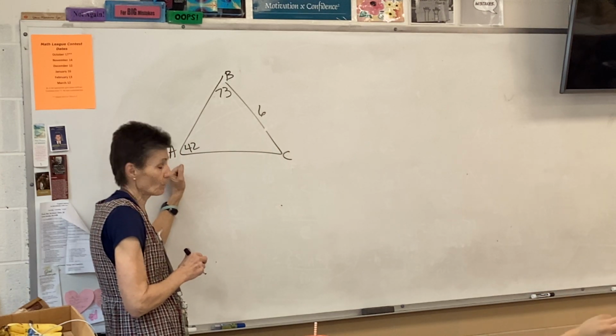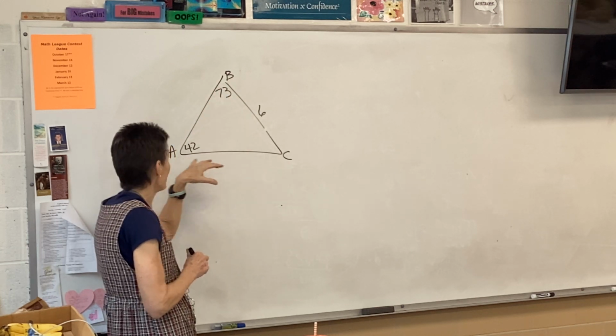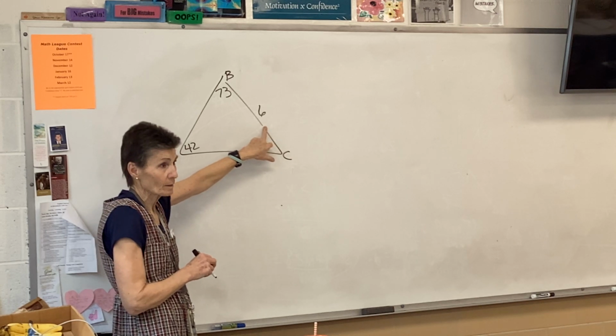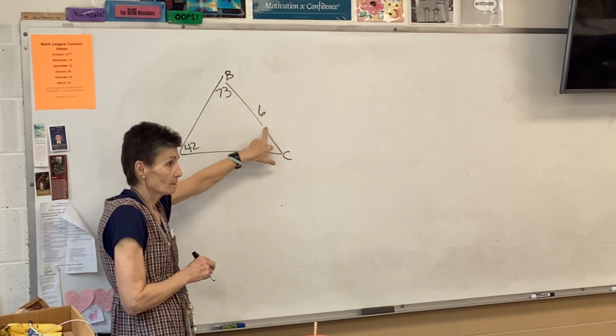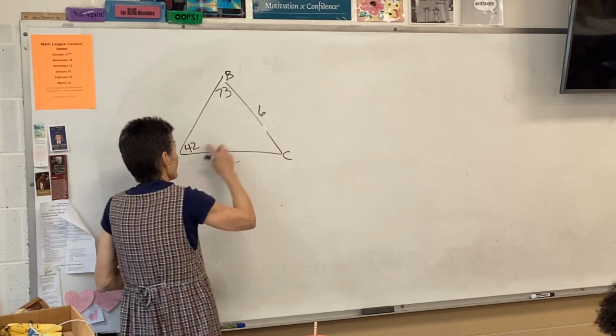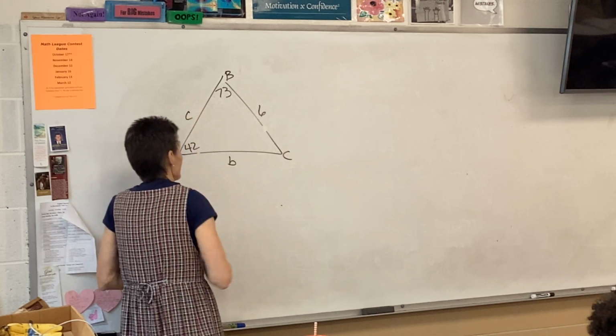Put it wherever you want, put it up there if you want, put it over here, doesn't matter. But make sure that little a is lined up across from big A. How you draw your triangle doesn't matter. Just make sure you got this pair right here. And this will be C, and this will be C.